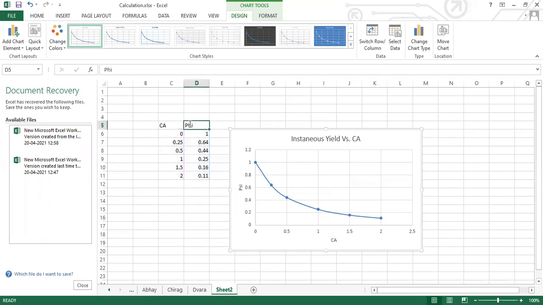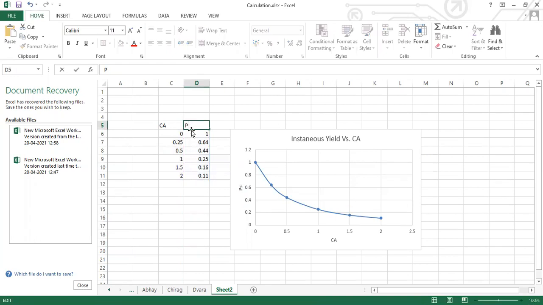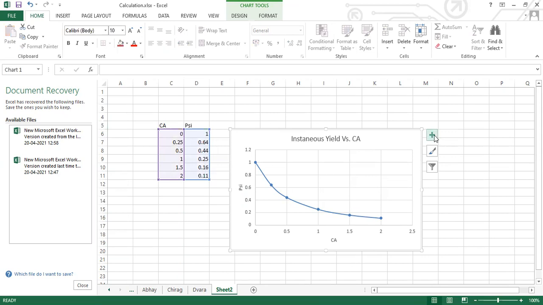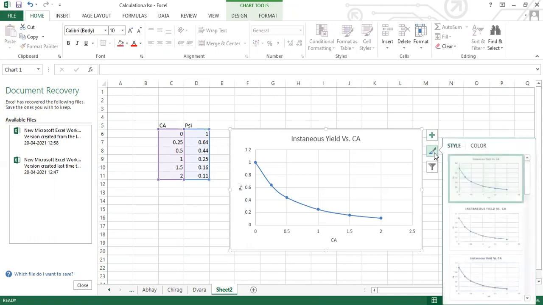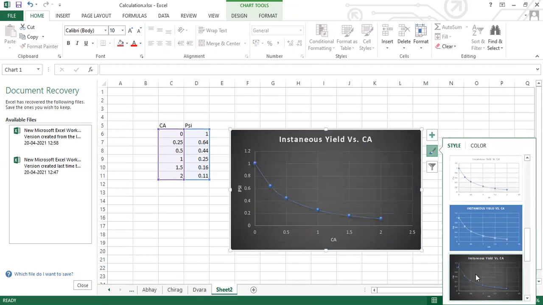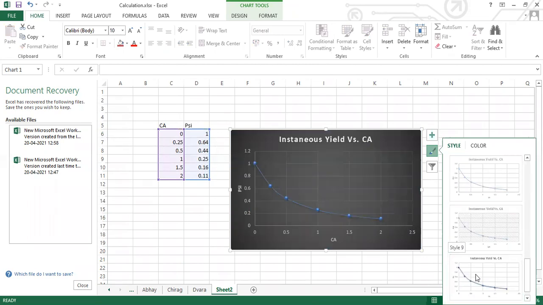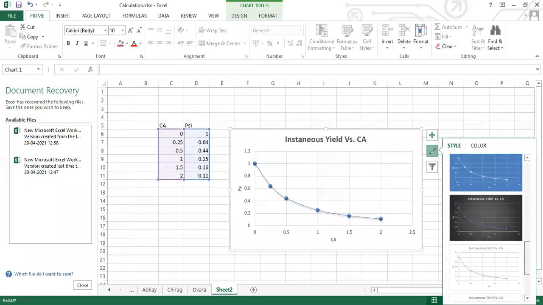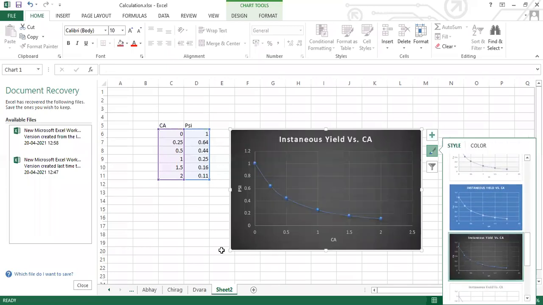I am writing psi here. Okay, this one is good.